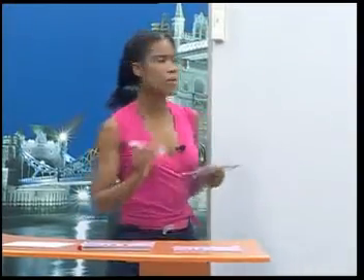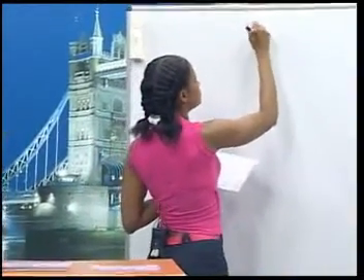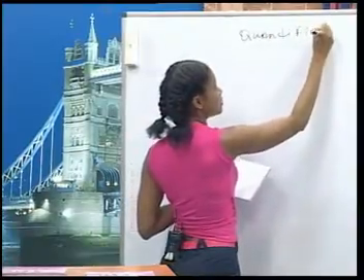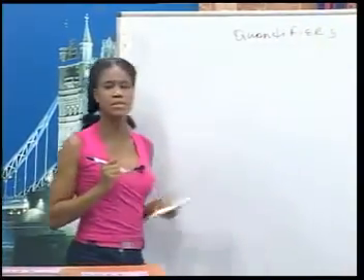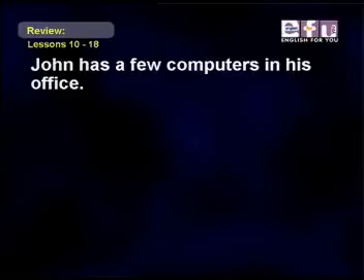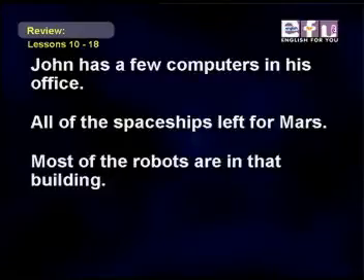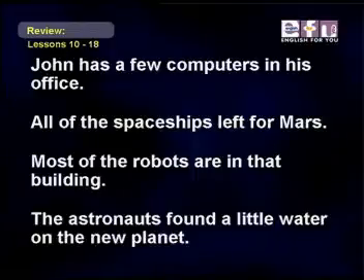Now let's review quantifiers. So quantifiers tell us how much of something. Let's look at some examples. John has a few computers in his office. All of the spaceships left for Mars. Most of the robots are in that building. The astronauts found a little water on the new planet.